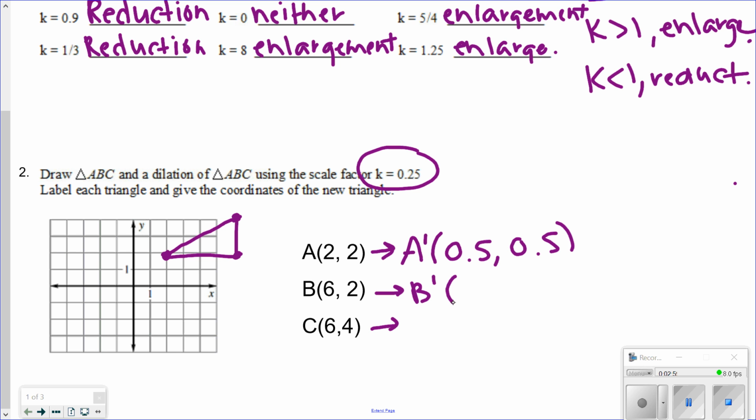B prime would be (1.5, 0.5). And C prime would be (1.5, 1). So now I'm going to plot my new triangle A prime, B prime, C prime. So now the blue triangle is my A prime, B prime, C prime triangle, and we can see that it got smaller.